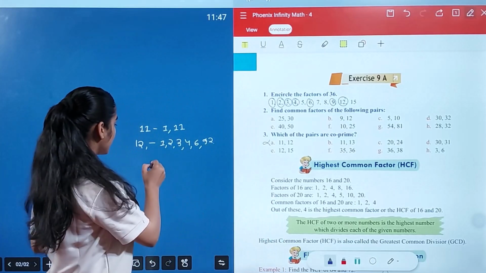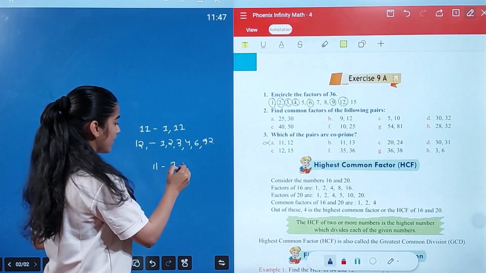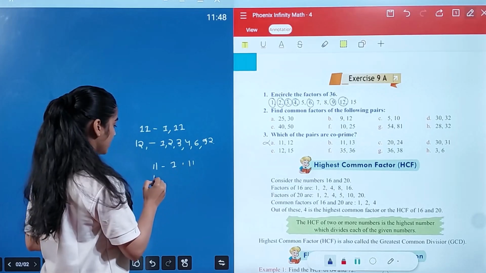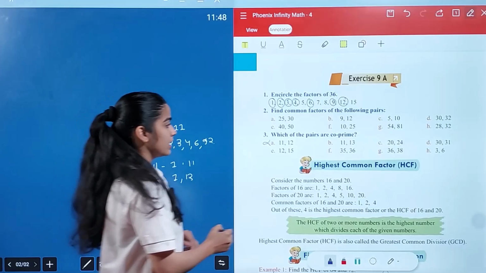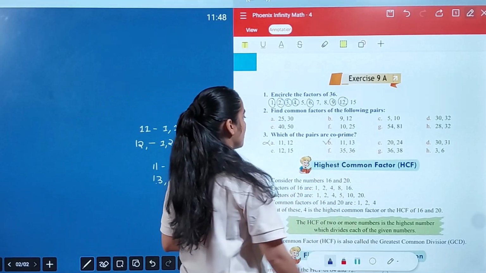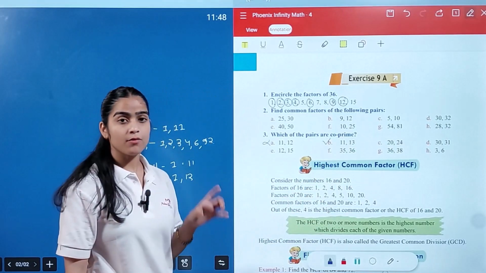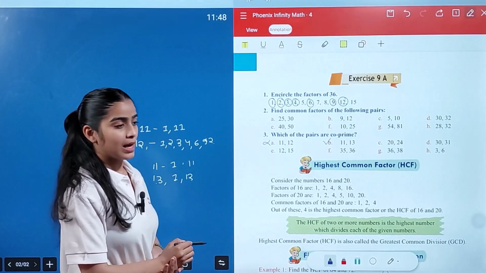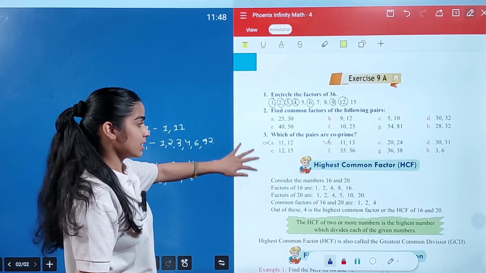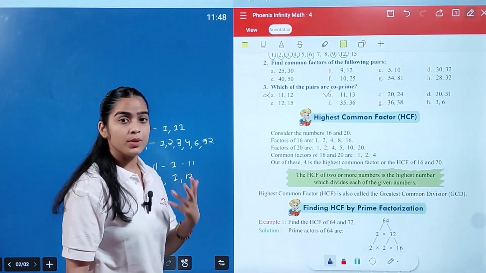In 11 we have 1 and 11, and in 13 we have 1 and 13 only. It means it is a pair of co-prime numbers. In the same way, where you have only 1 as a common factor, you have to select it as a co-prime pair in the following pairs you have.